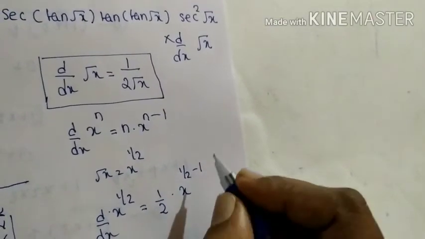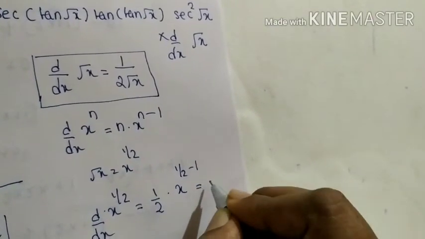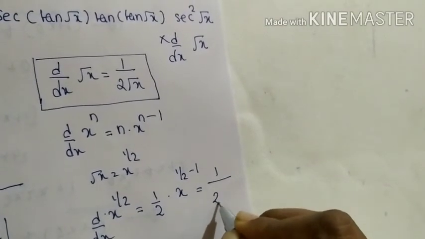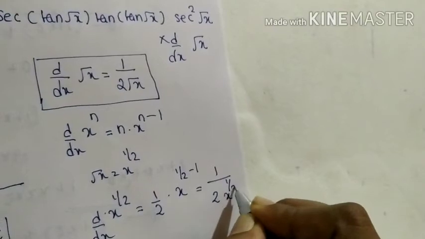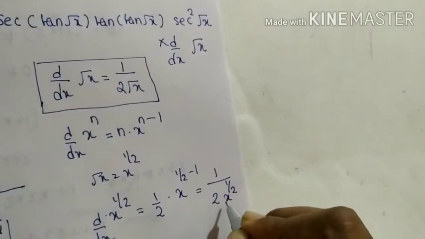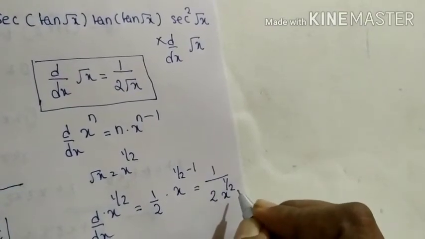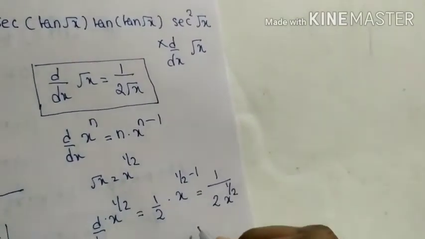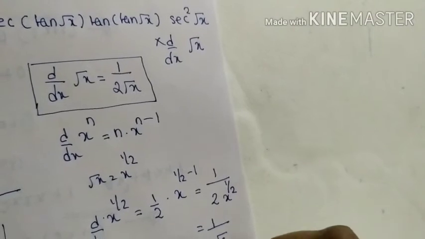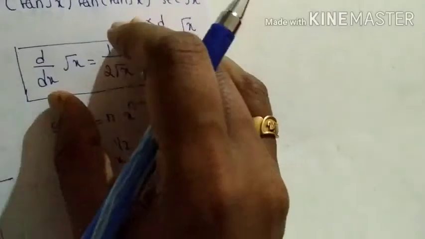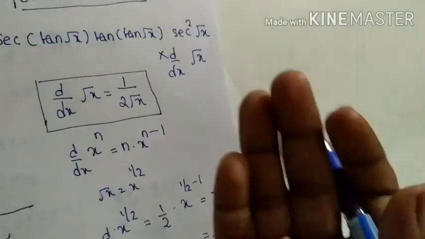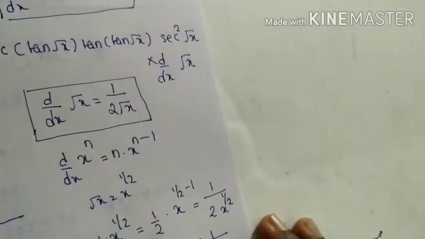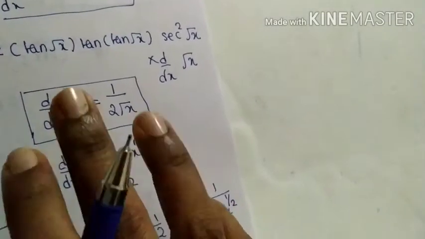X raised to 1 by 2 minus 1 means x raised to minus half, and that will be equal to 1 by 2 root x, or x raised to 1 by 2 can also be written as root x. Okay, 1 by 2 root x. This is how we get derivative of root x is equal to 1 by 2 root x.